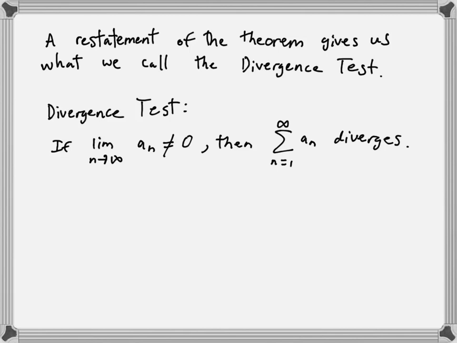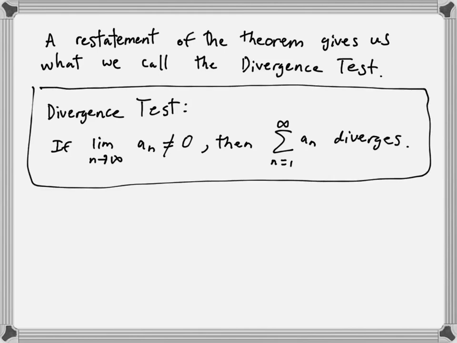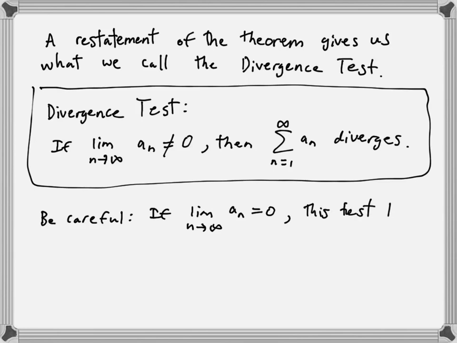Okay. This is extremely important. I'm going to put a big box around it. This is one of the big results of this section. I mean, we learned a lot of stuff in this section, but this is one of the big results. It's our first test. It's called the Divergence Test. And I'm just going to say, be careful: if the limit as n goes to infinity of an is equal to 0, this test tells us nothing.